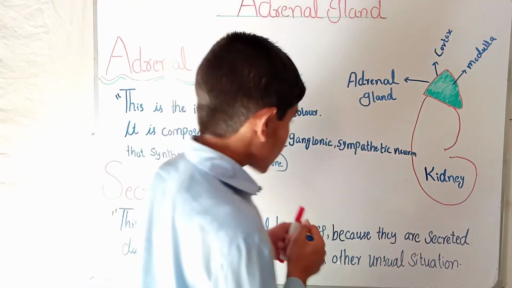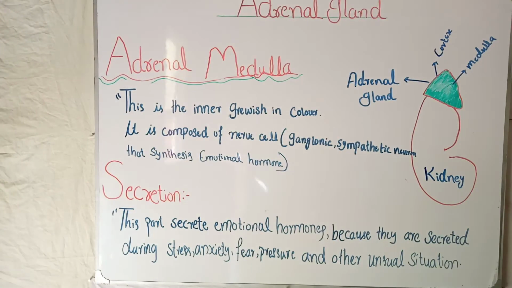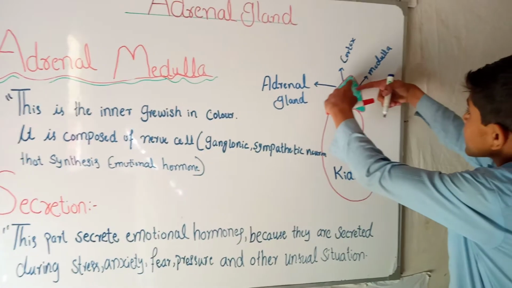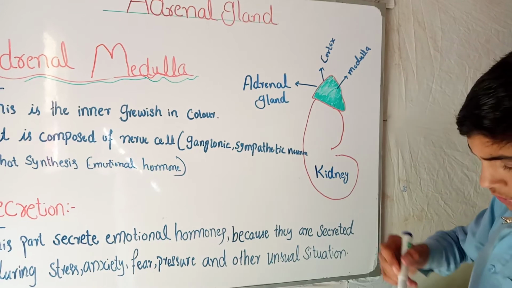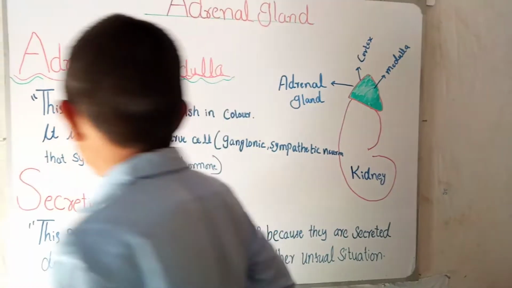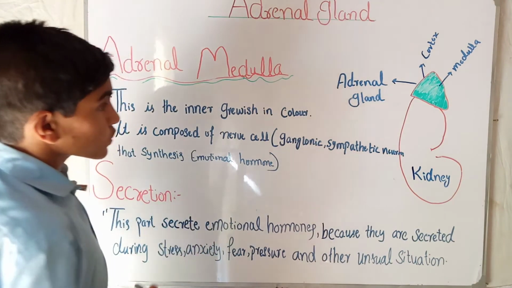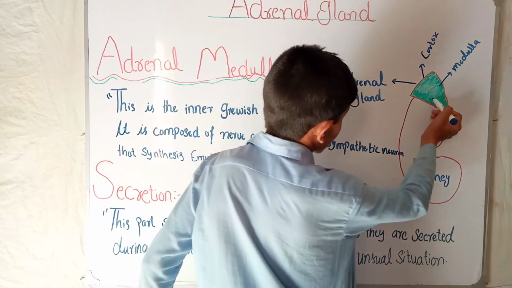Next, we will talk about the medulla part of the adrenal gland. You can see here the medulla is the inner part which secretes several hormones. It is greenish in color.